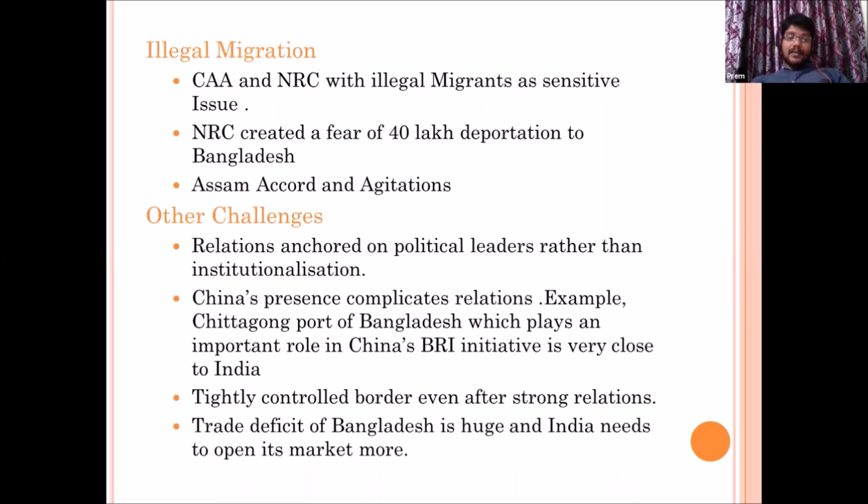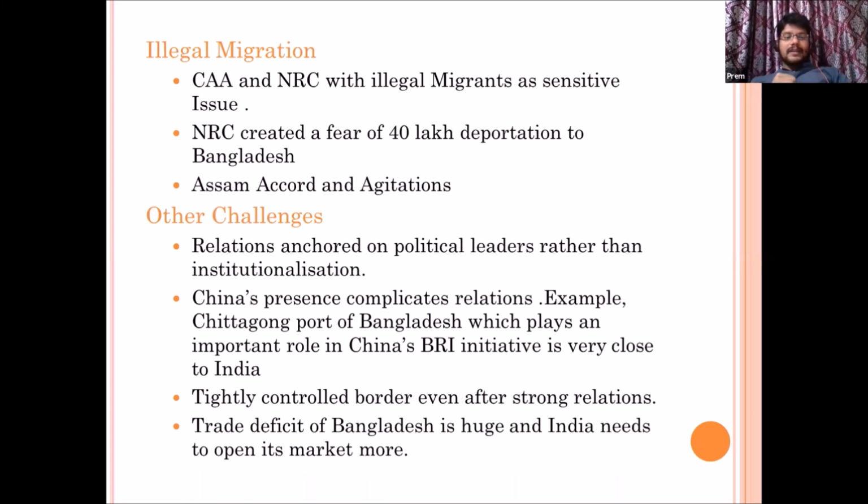He compared illegal migrants with such a thing, and this led to huge protests in Bangladesh. Now imagine how it will impact India-Bangladesh relations, especially when the relations are very good. So getting political mileage out of illegal migration has become a very sensitive issue, also impacting India and Bangladesh.